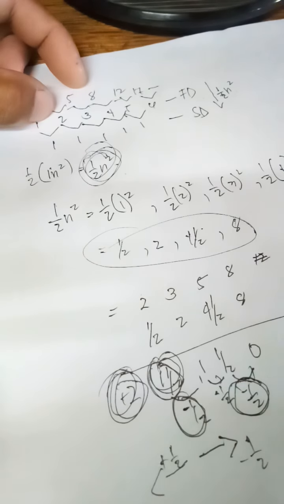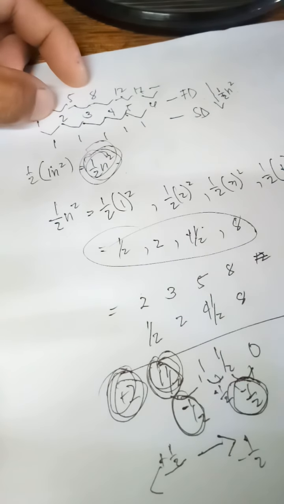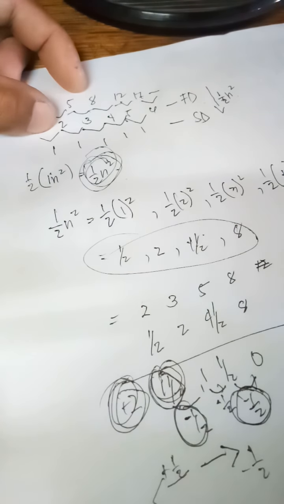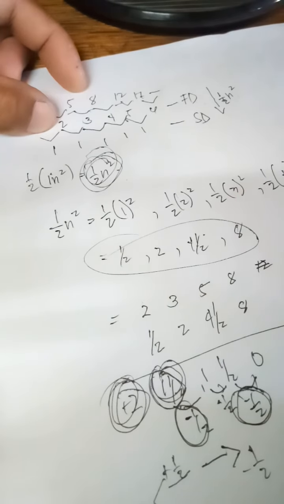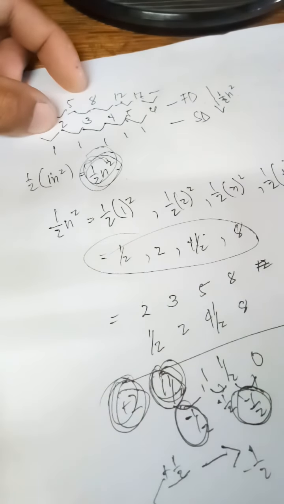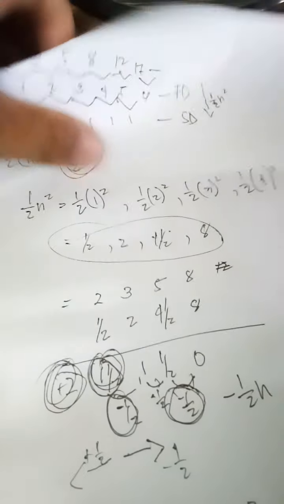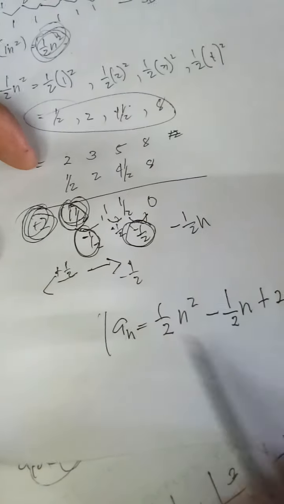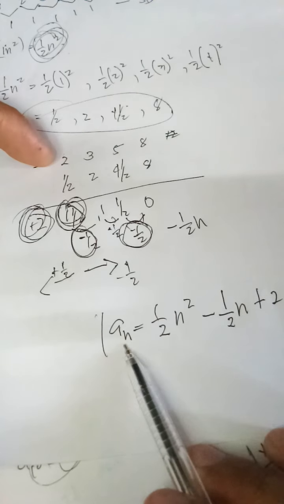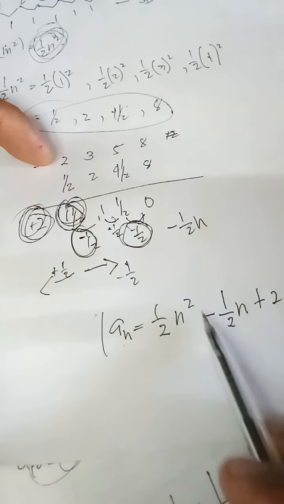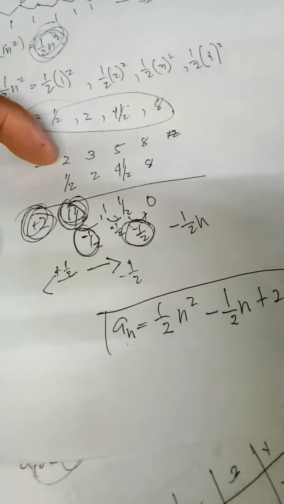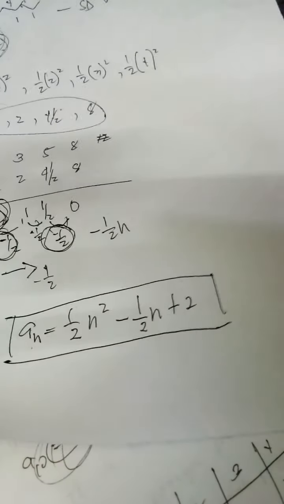So in other words, the formula will be a sub n is equal to 1 half n squared minus 1 half n plus 2. Ganyan siya. So again, the formula is a sub n equals 1 half n squared minus 1 half n plus 2.